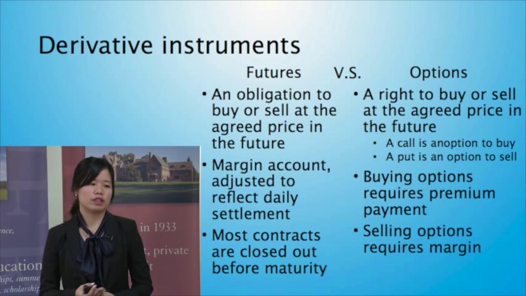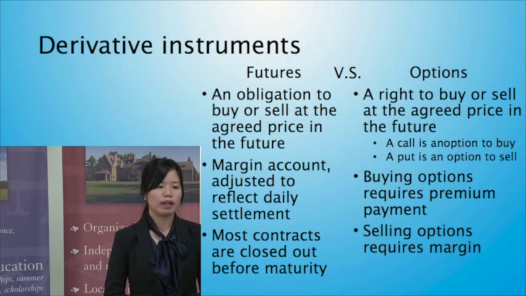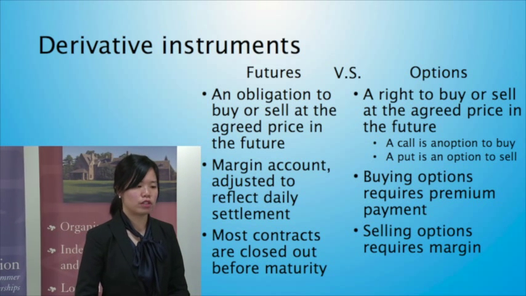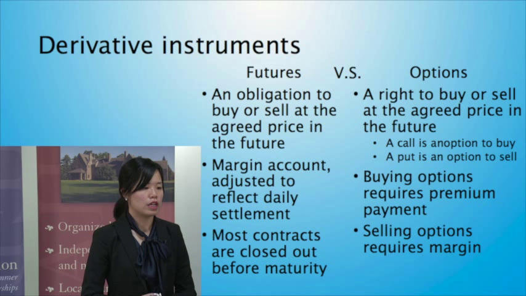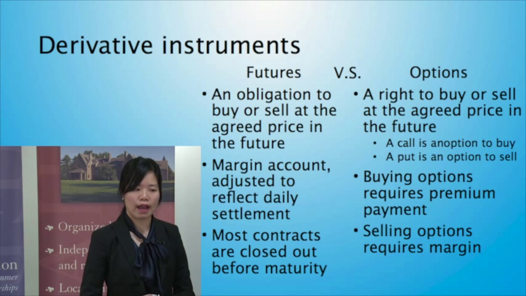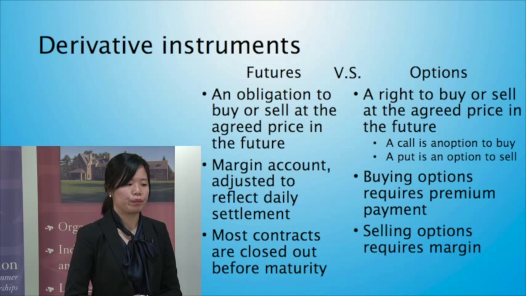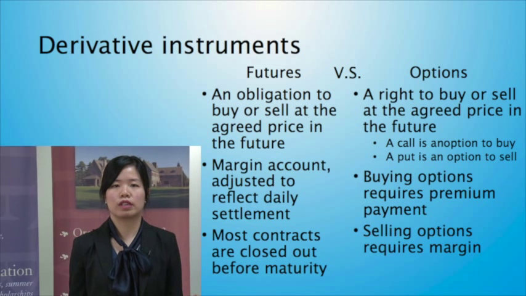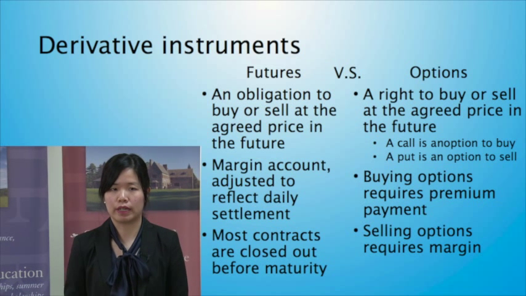And futures and options, they are extremely risky. The reason is as follows. Futures, like we already talked about, are an obligation to buy or sell. So the future price, we just bet on the future price.